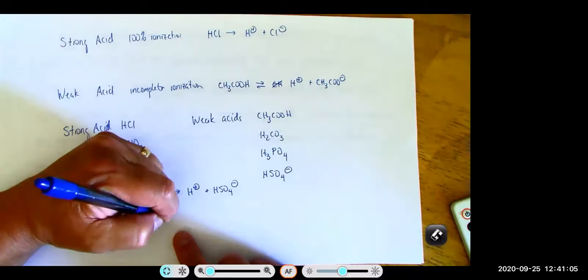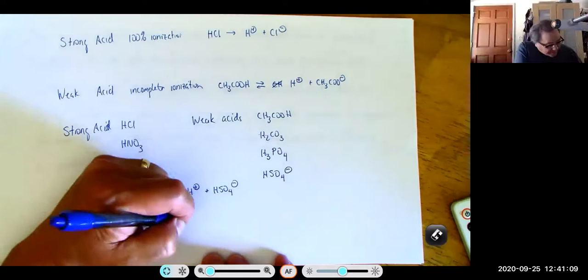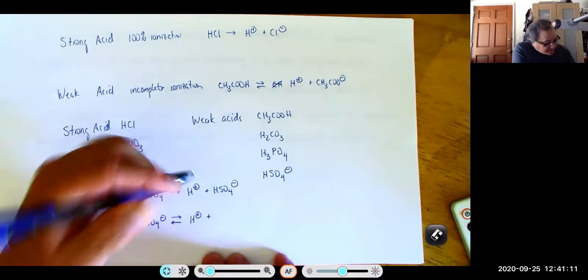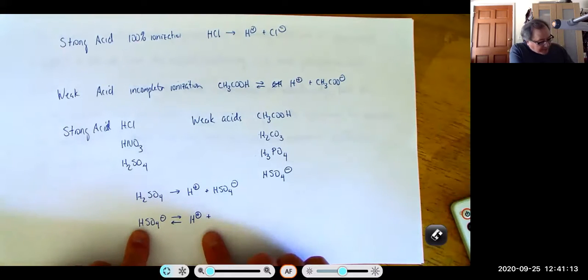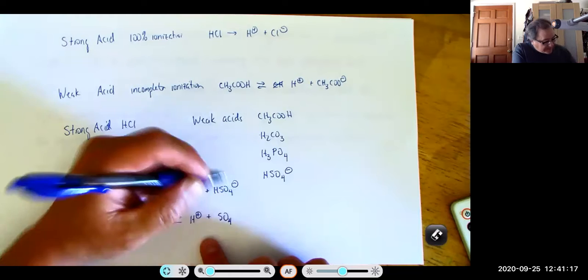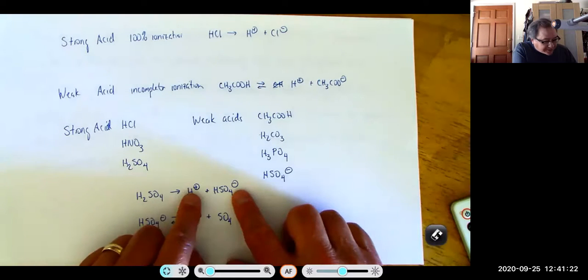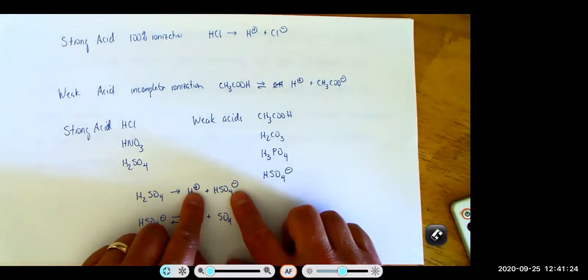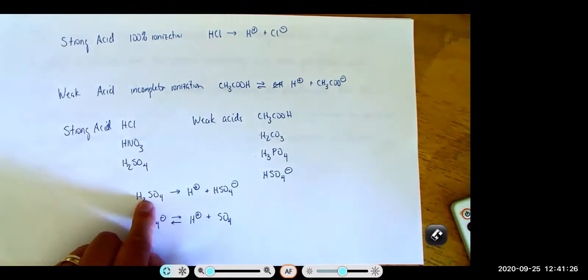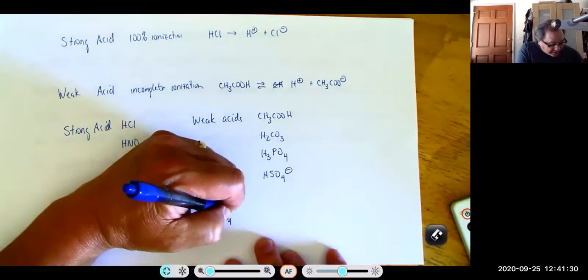Is it going to go back and forth? Exactly. So I'm going to put H plus here, and since I've used my H up to balance this, I'm going to have an SO4 here. Also the charges have to balance. Do you see how a -1 and a +1 is 0? And here this is neutral, so it's 0. Well, this is -1. These two have to add up to -1, and so there you go.